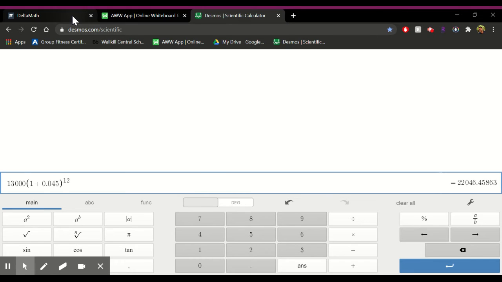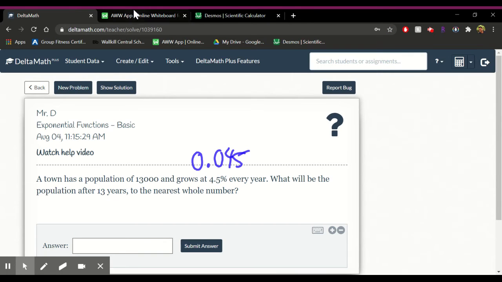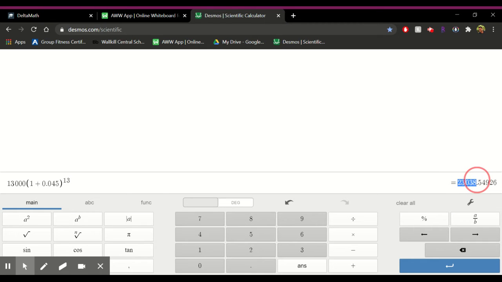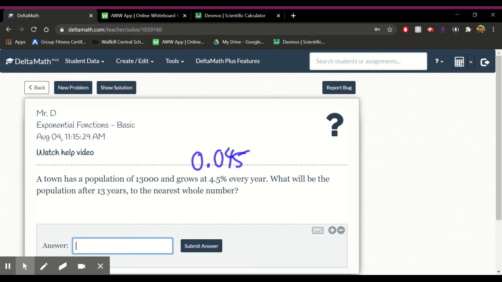That's growing. And then 13 years. So instead of 12, I'm going to put in 13. Bam. And the 0.5 rounds it up. So it's 23,039.